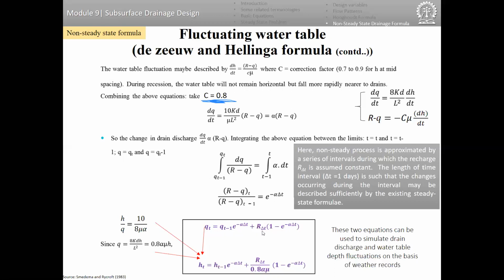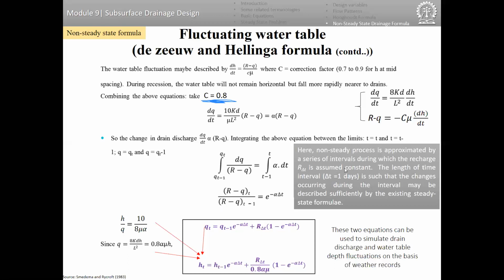Here we have taken the average value of R. So R delta t is the mean value of recharge during the time interval t minus 1 to t. From previous day to present day, we are assuming constant recharge. In this way, by taking a smaller time step, we are assuming steady state behavior and indirectly solving the non-steady behavior.